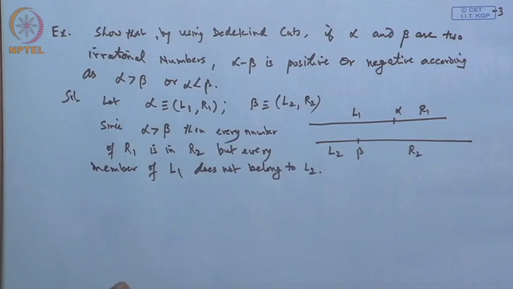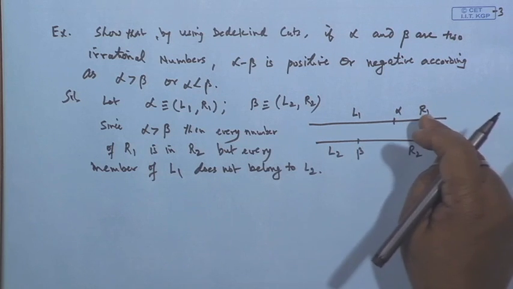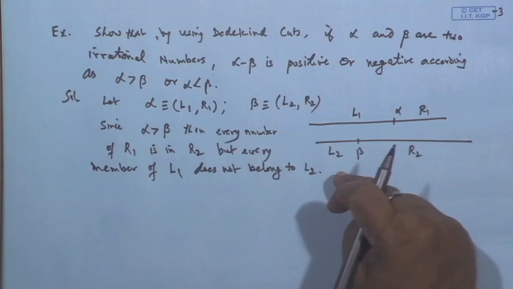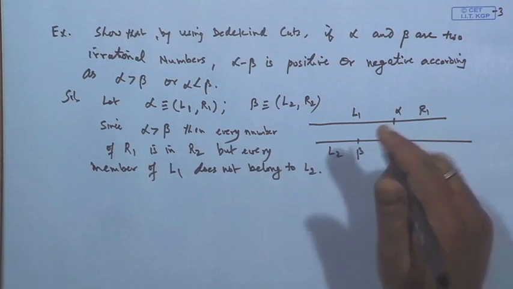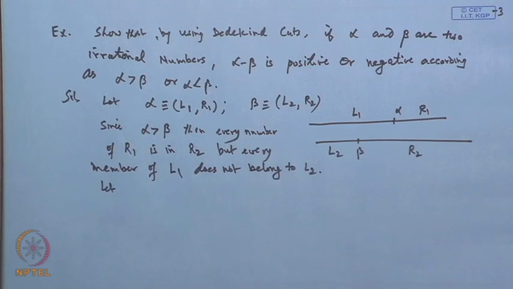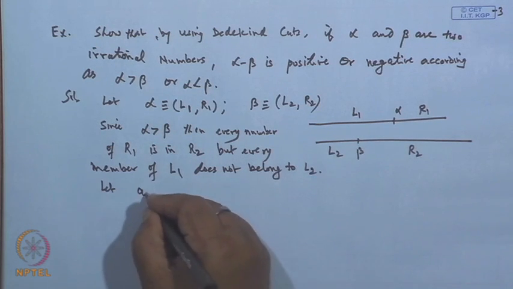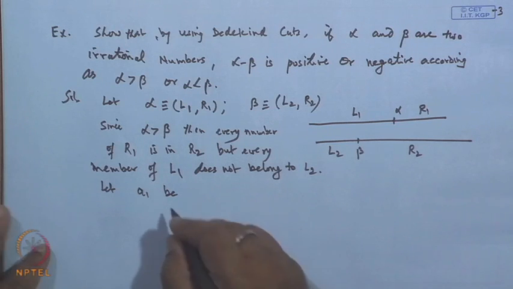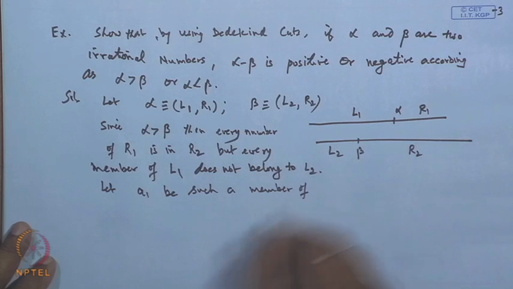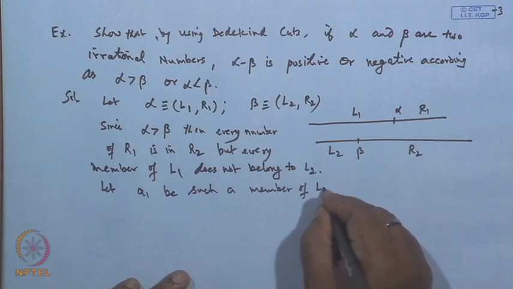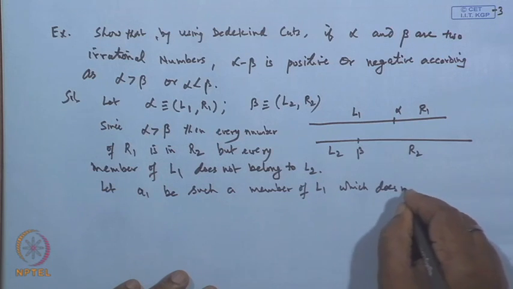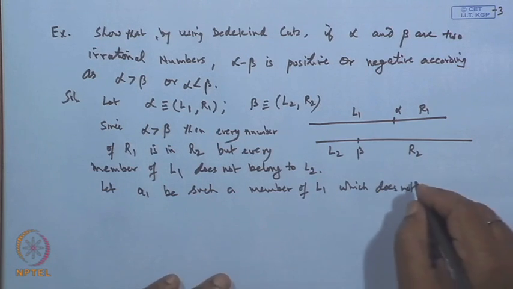Is it not? That is what it is. So, every member of R 1 is in R 2, but every member of L 1 is not in L 2. So, there may be some member which is in R 2. So, let A 1 be such a member of L 1 which does not belong to L 2.